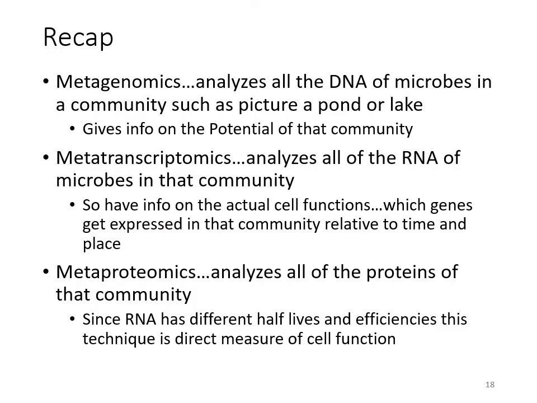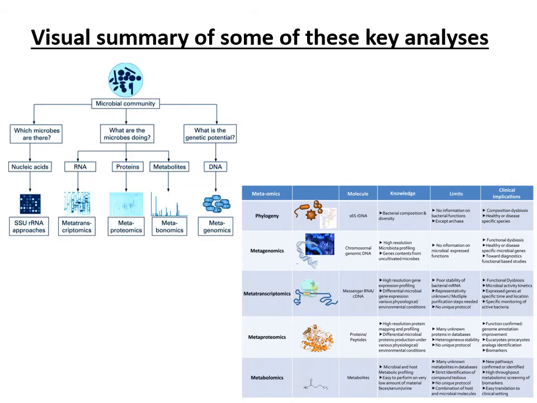Okay, so here are the recap notes so that you can jot down the differences between metagenomics, metatranscriptomics, and metaproteomics. So again, you could just pause the slide here and jot down the notes. Now this slide here is just a visual summary of some of the analyses that we mentioned.